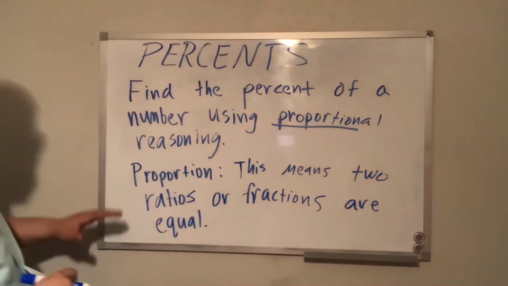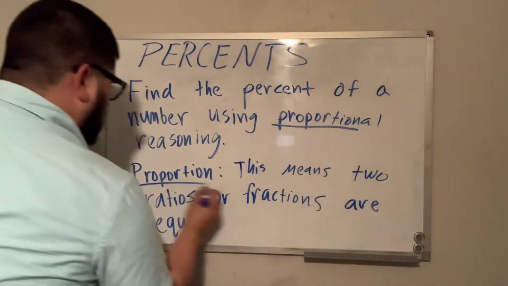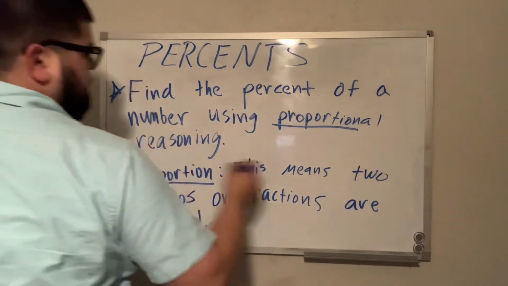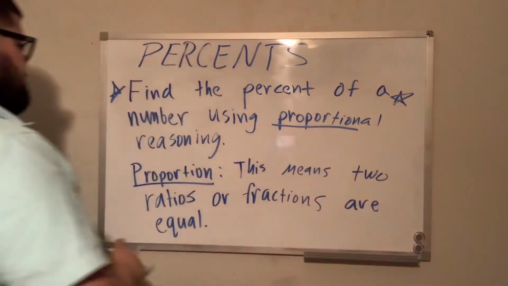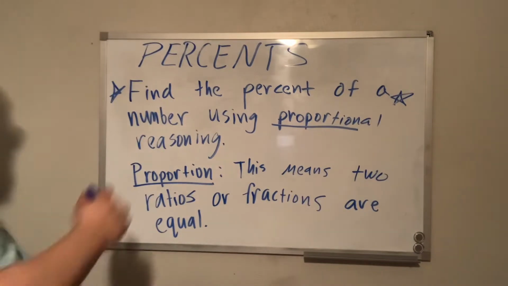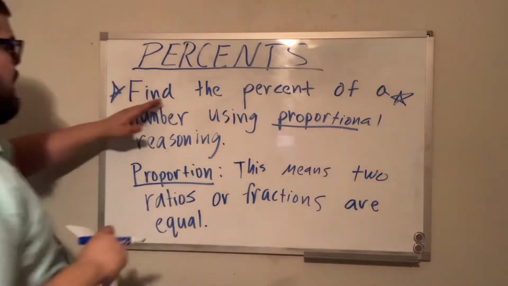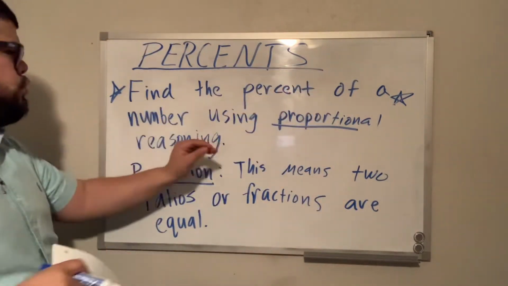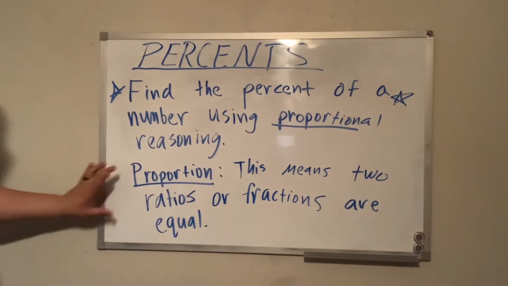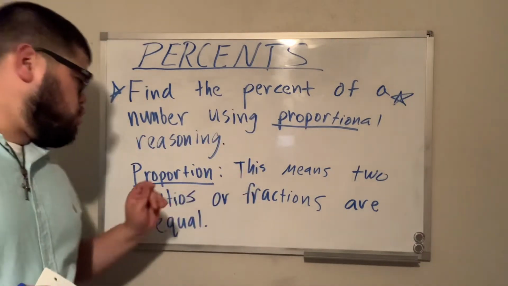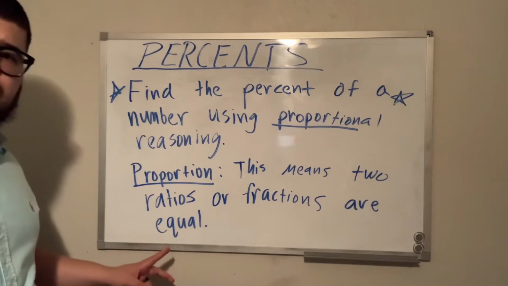All right, so again, we got proportions, and our goal here is to find the percent of a number. Let me actually underline percents. Find the percent of a number using proportional reasoning. And remember, proportion, this means two ratios or fractions are equal.